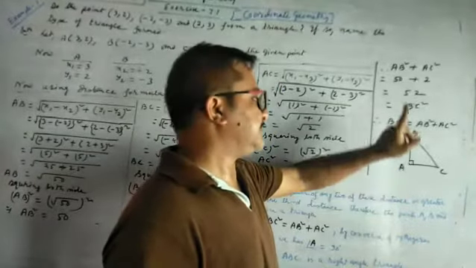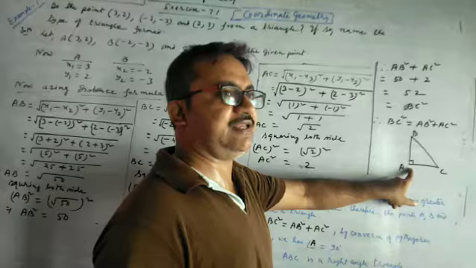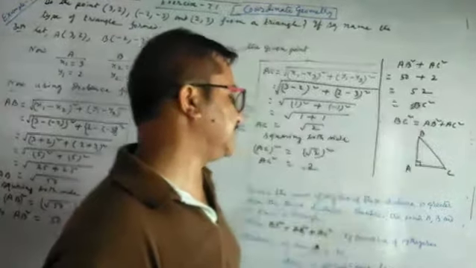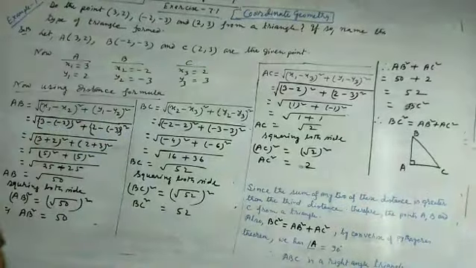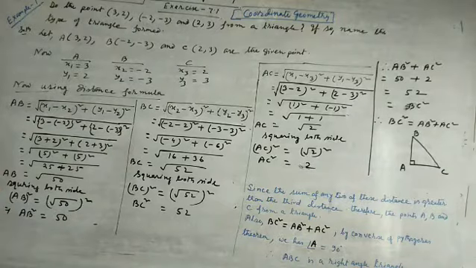If a triangle forms a 90 degree angle, then this triangle is a right angle triangle. Okay, I hope you understood.